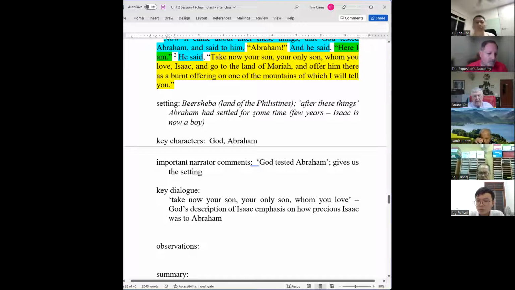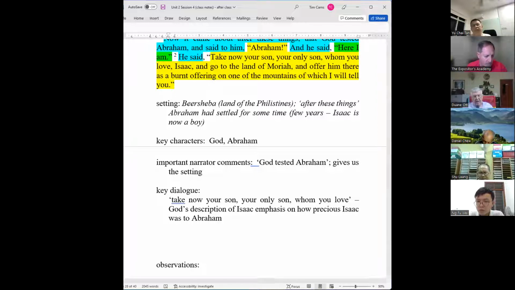This land of the Philistines is along the coast, and Beersheba is in the desert, way away from the coast. So it's hard to tell where Abraham was, whether on the coast with more moisture and flatlands, or in the rolling hills that come up into the mountains. Beersheba is really up in the mountains and in the desert, fairly close to Hebron.